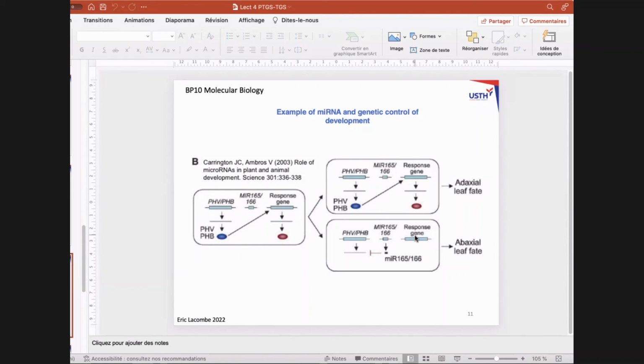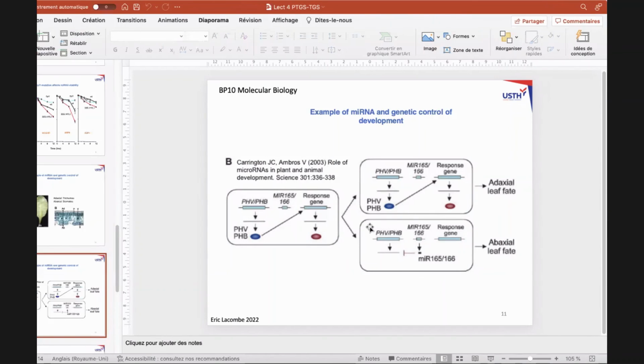So what conclusion can you draw from that is that in this drawing, there are two processes at the same time. There is the transcriptional activation, the activation of transcription by a transcription factor, so it can give rise to production of messenger RNA and then protein. But at the same time, the transcription of some microRNA genes will have as a consequence the degradation of specific messenger RNA.